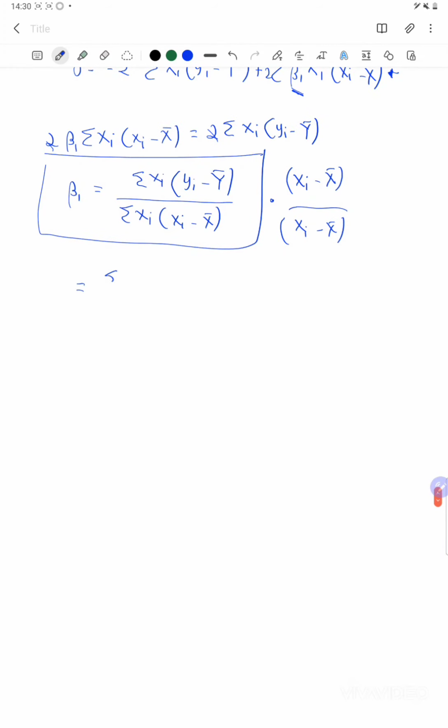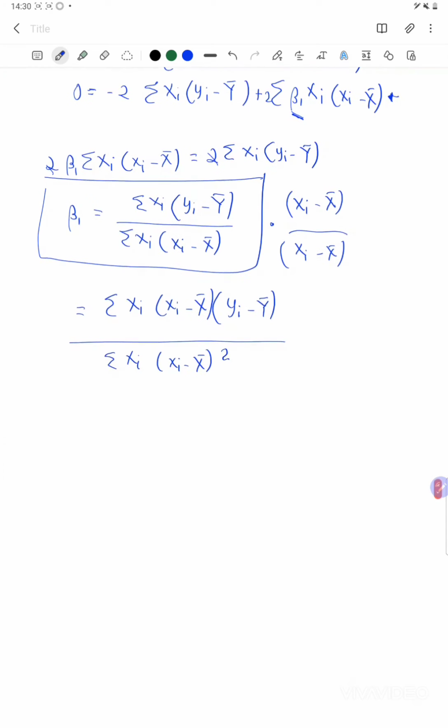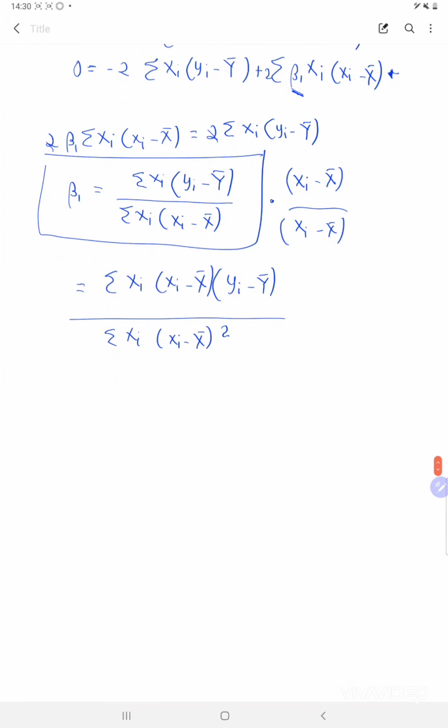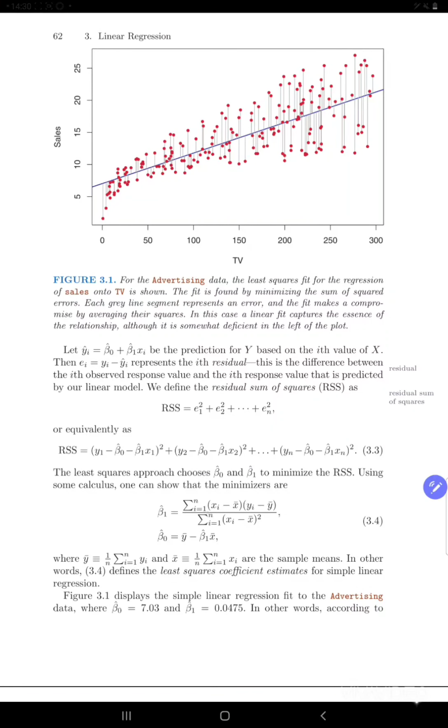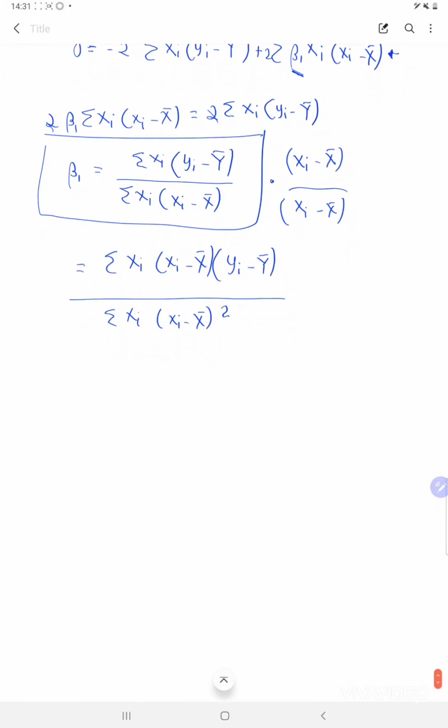So we have xi minus x bar times yi minus y bar, all over xi, then this is squared, so xi minus x bar squared. Let's see if it's the same. Yeah, it seems the same. X minus x bar. So actually it's the same.